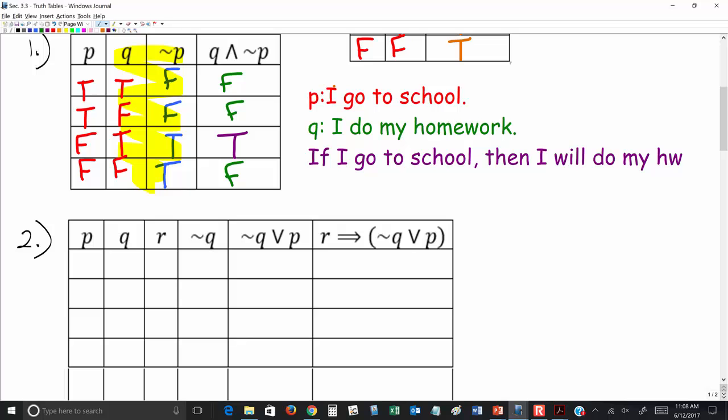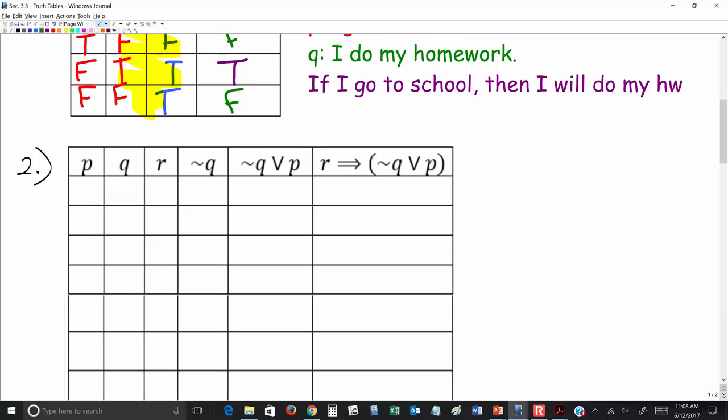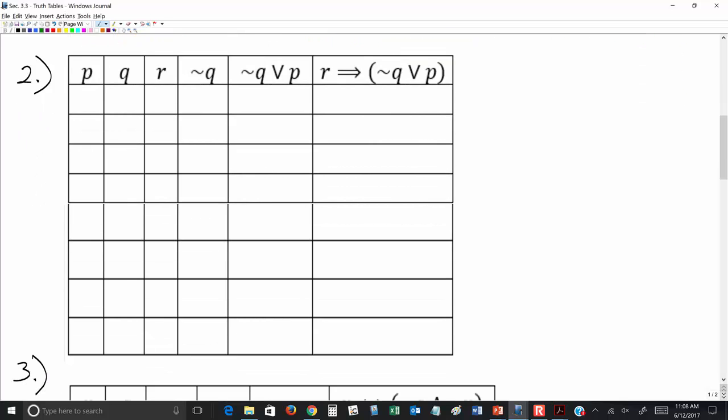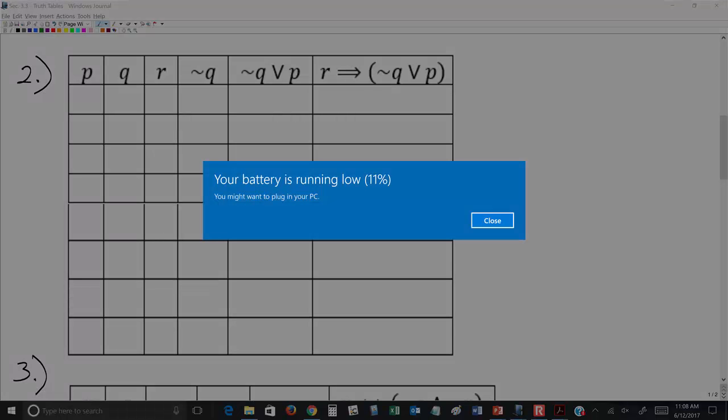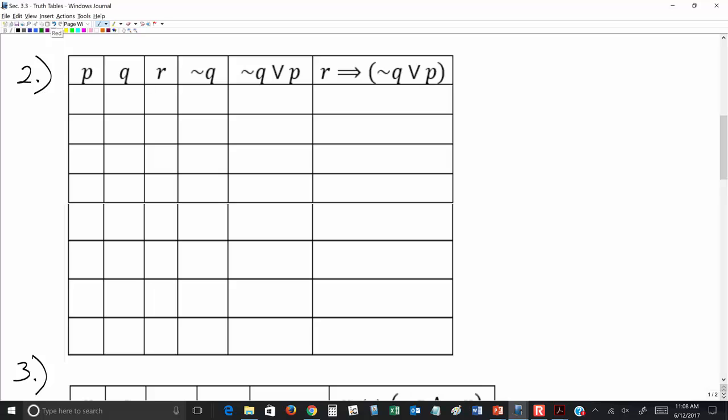Okay. Number 2, we have 3 basic statements: P, Q, as well as R. So in this case, for P, we're going to do 4 T's and 4 F's.